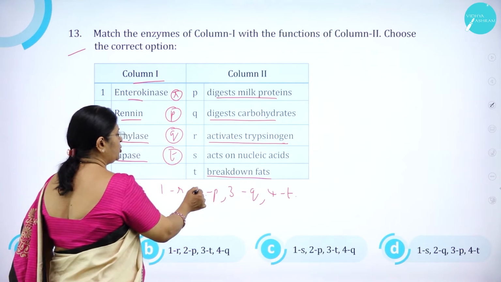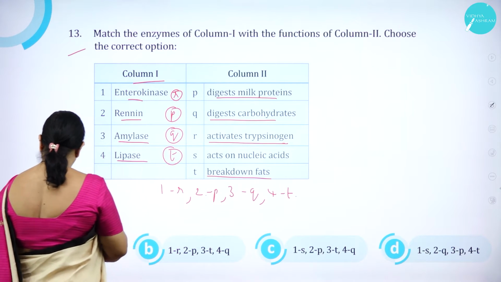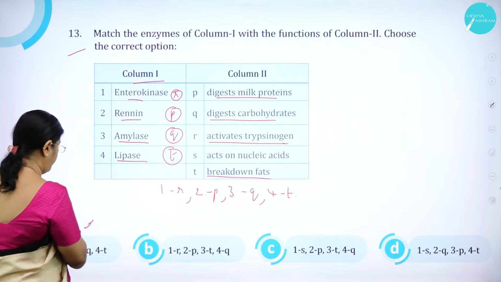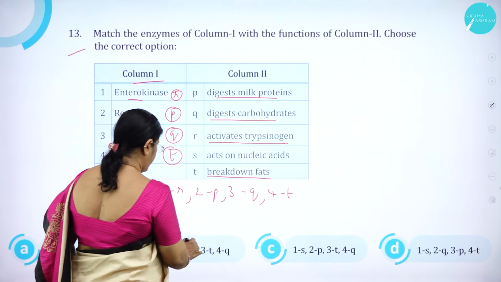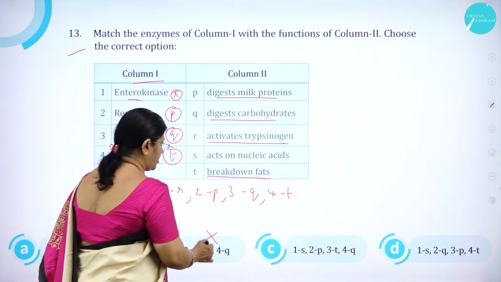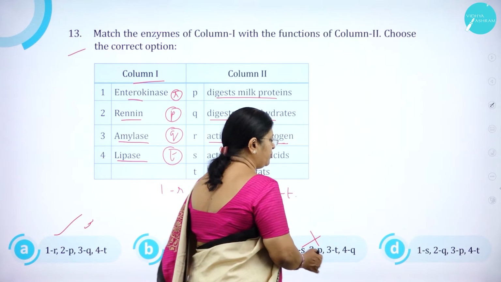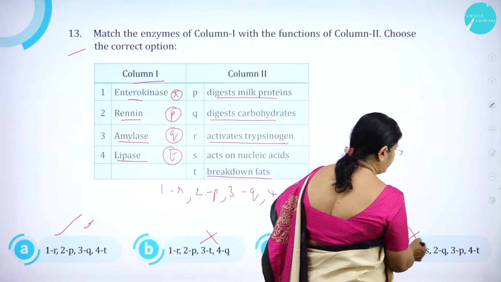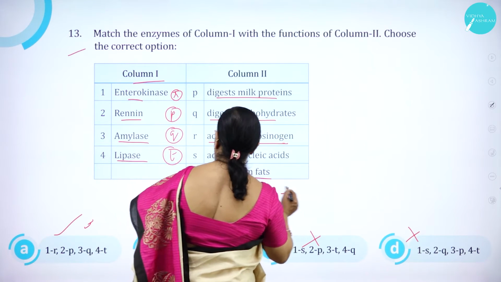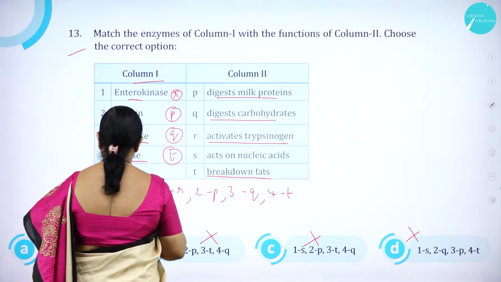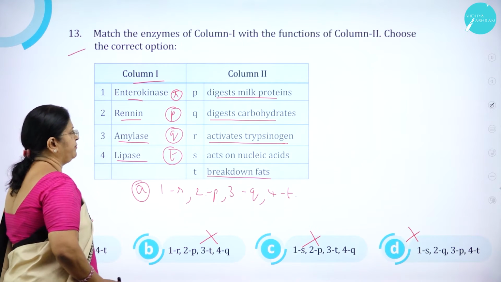So which is the correct option? Option A, 1R, 2P, 3Q, 4T, correct. The others, 1R, 2P, 3T, 4Q, 1S, 2P, 3T, 4Q, and 1S, 2Q, 3P, 4T, are wrong. So option A is correct.